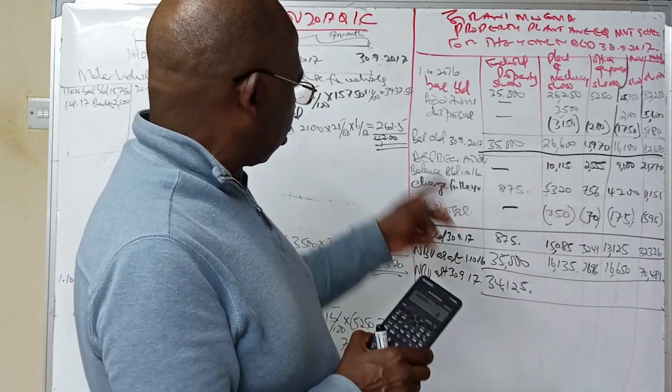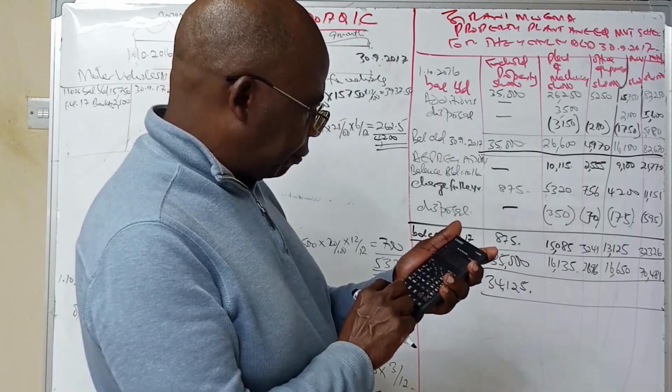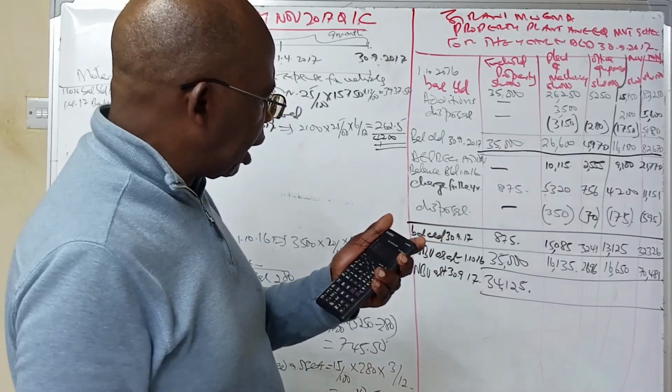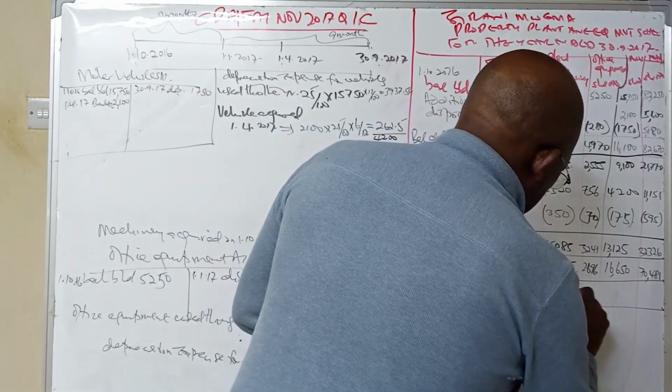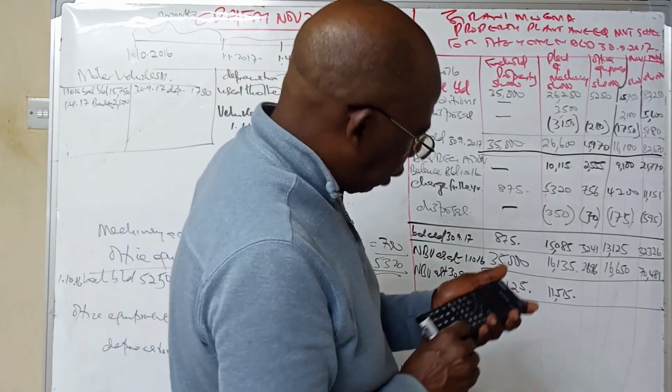minus the closing balance of the accumulated depreciation, 15,085. We get a closing NBV of 11,515. Now, you go to office equipment.